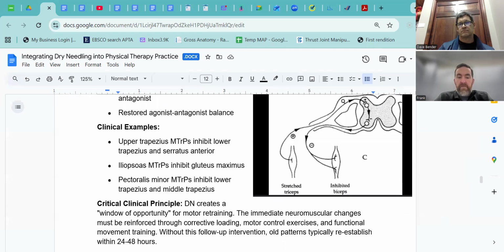And then pec minor with inhibited lower trap and middle trap. This is that modern American desk worker, driving, using their phone, using their computer. Pec minor can have this increased tone and trigger points, which then leads to less activation of the middle and lower trap.